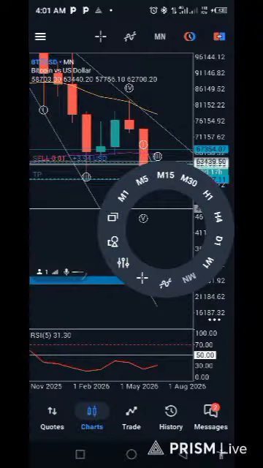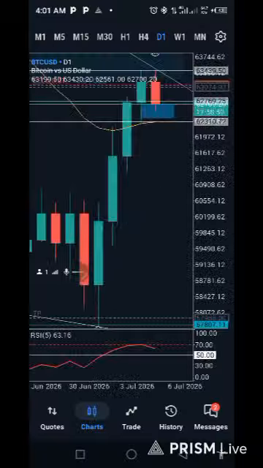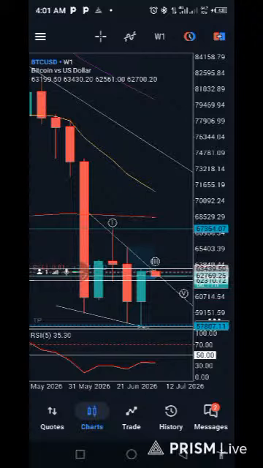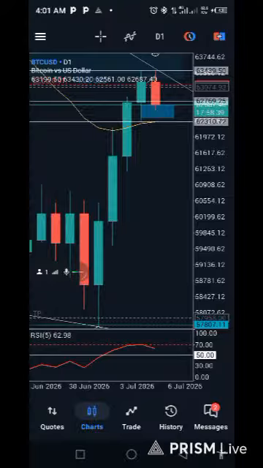Let's go to weekly. You see what I'm saying. You can see the RSI is below 50%. Let's go to daily. You can see the RSI is just above 50, between 50 and 70, facing down.